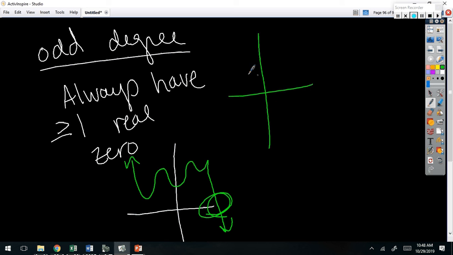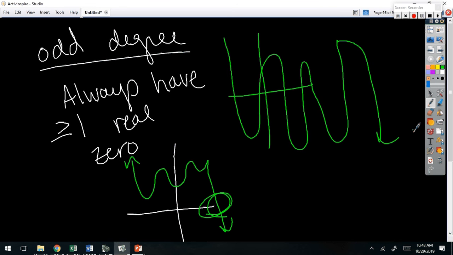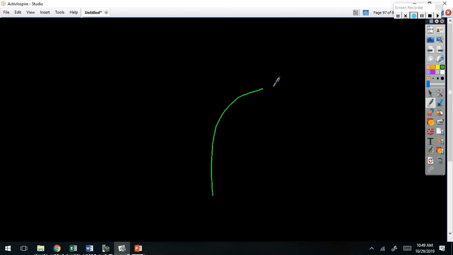And it might have a bunch. Maybe this odd degree does this. Okay, but that's terrible. But I'm just saying, if the ends are going in opposite directions, it's forcing it to have at least one real zero. It's going to cross x at least one time. Yeah. Well, it can be that pattern right there. Now they'll start to get stretched out, and it may be that you can't even see some of the humps so much.